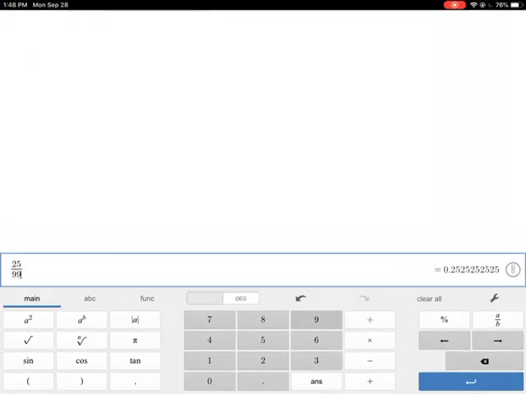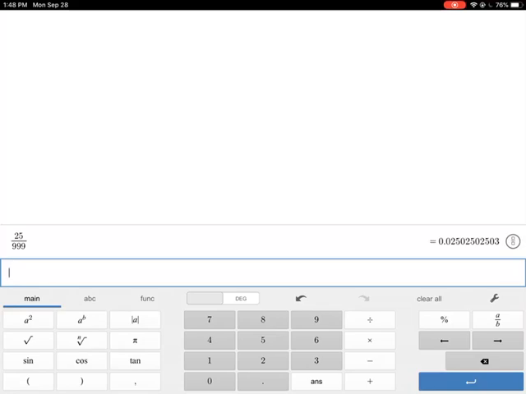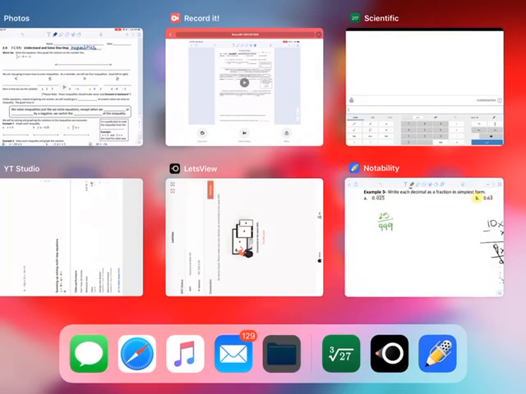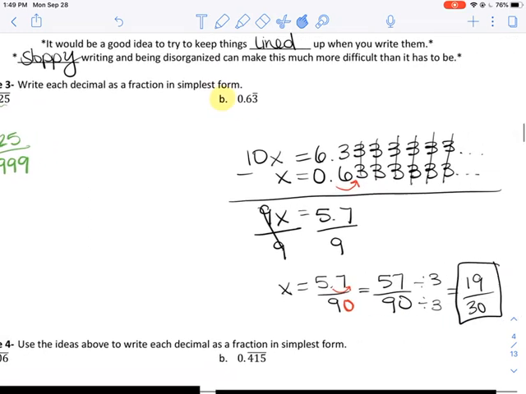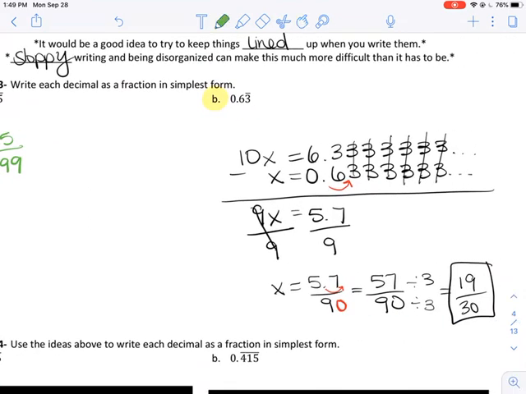And I get 0.025025025. And that's what my original decimal was. Oh, that is so cool. However, it doesn't work for this kind, where the bar only went over one number instead of both of the ones after the decimal. So on these ones, you have to do the equation.